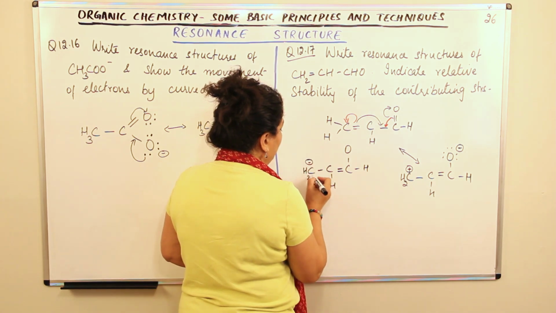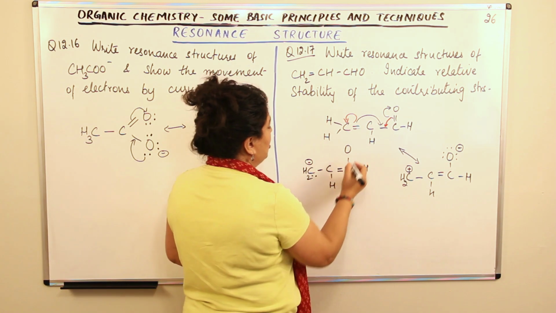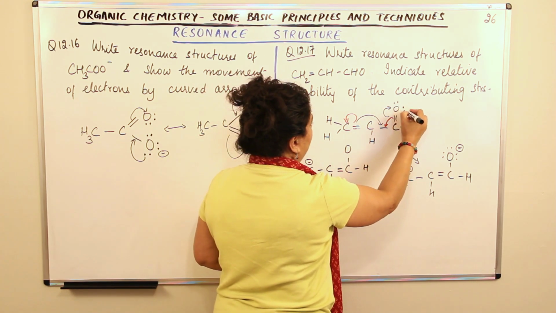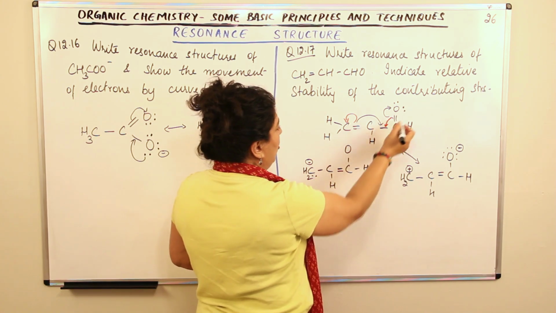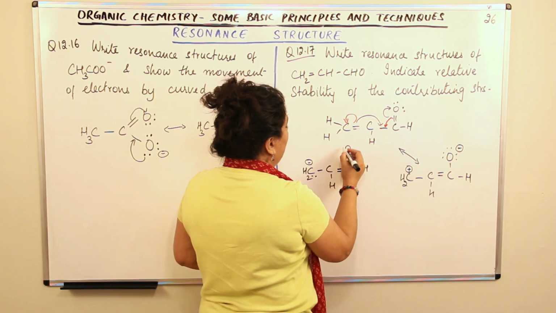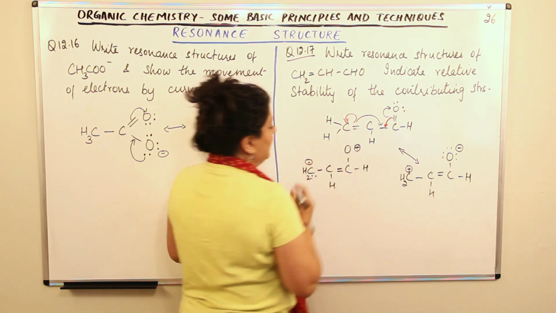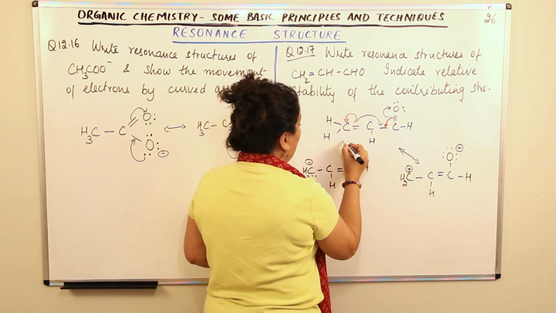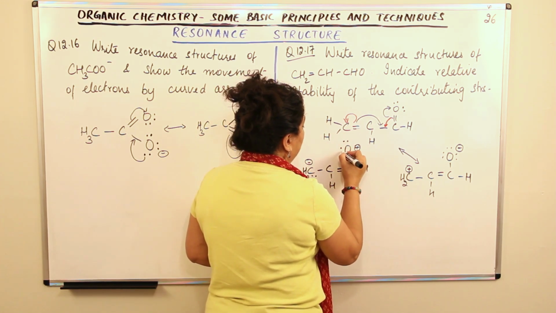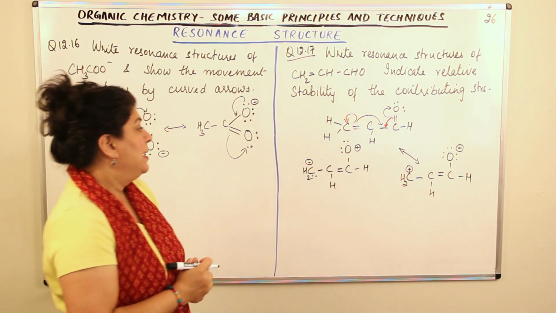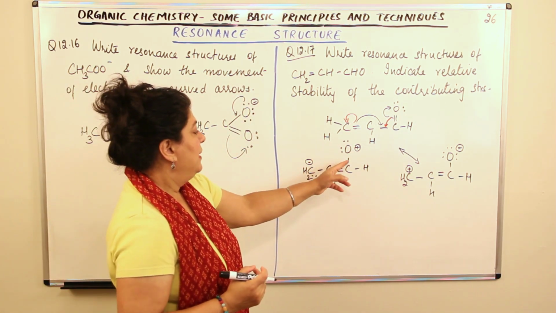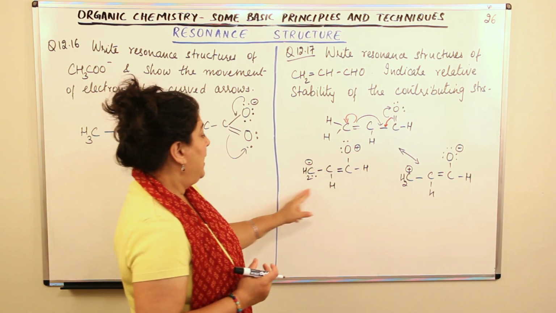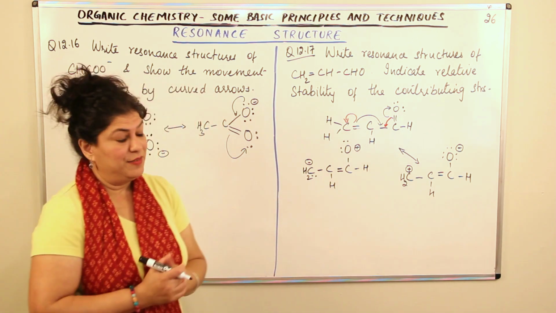Right? The 2 electrons move to carbon and it becomes negatively charged, and this oxygen, since it lost the electrons, you'll have 1, 2, 3, 4 here, right? So since it lost the electrons from here, this oxygen would become positively charged, right? And since it became positively charged, it had 1, 2, 3, 4 and 5, yes. One of the 6 electrons that it had has been lost and has come here. Therefore, this oxygen is now positively charged and this carbon is negatively charged.